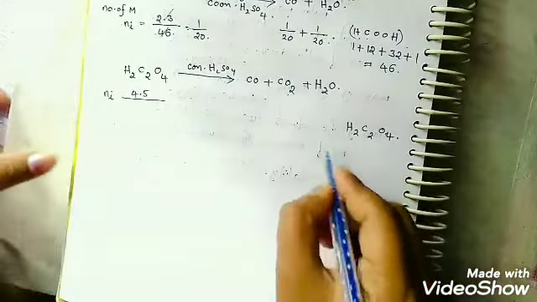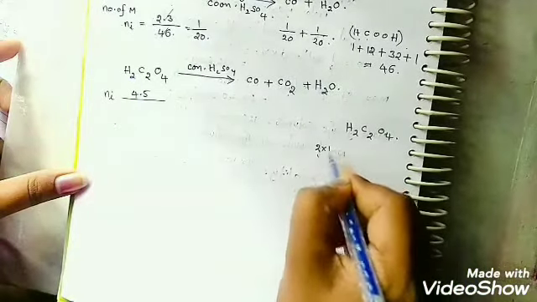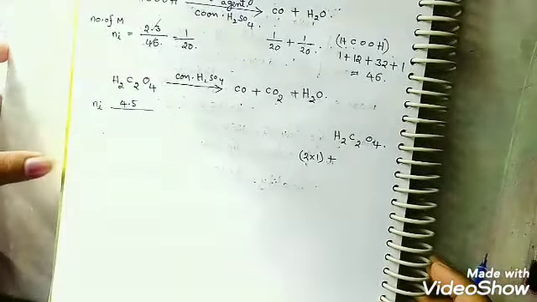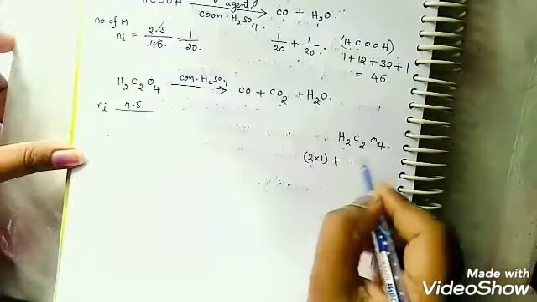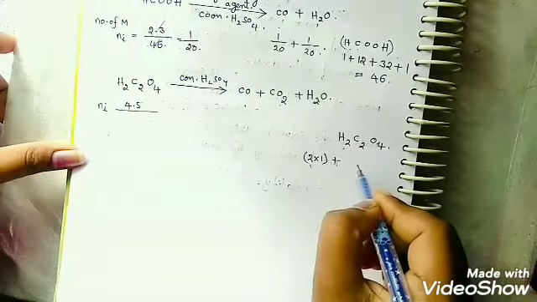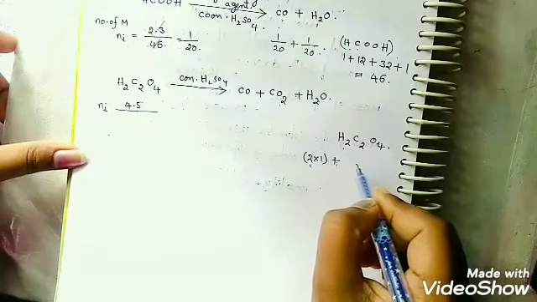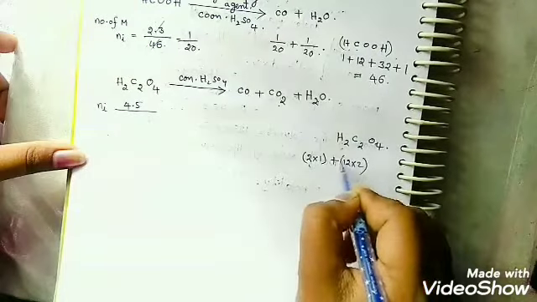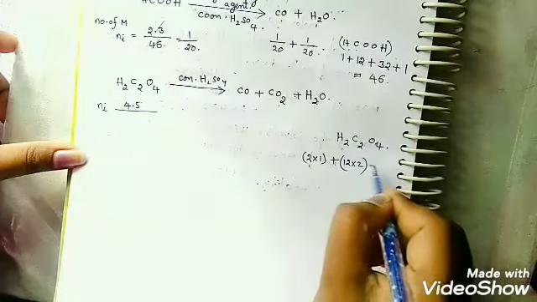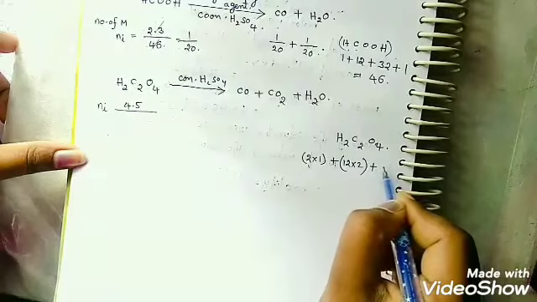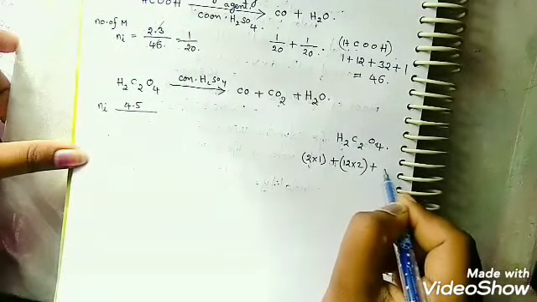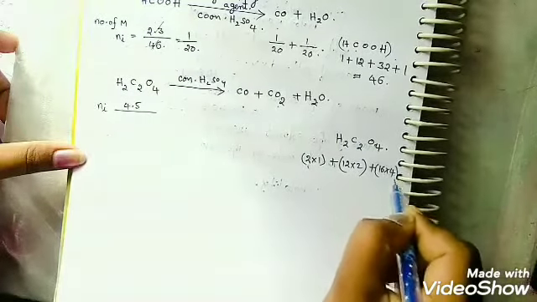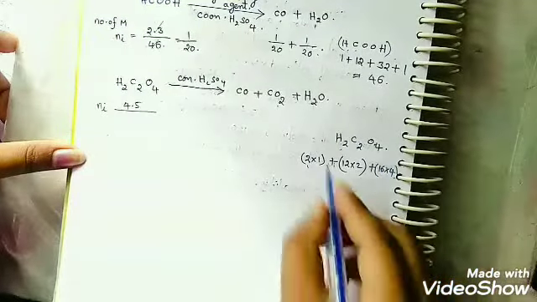How many hydrogen atoms are present here, students? 2 hydrogen atoms, so 2 into 1, that means the mass is 2, plus carbon with atomic number 6 and mass 12, then 12 into 2, because 2 carbon atoms are here, plus oxygen with atomic number 8 and mass 16 into 4, because 4 oxygen atoms are here.